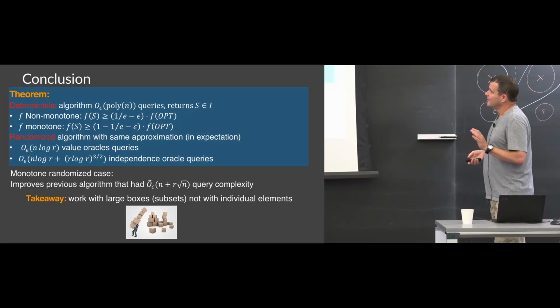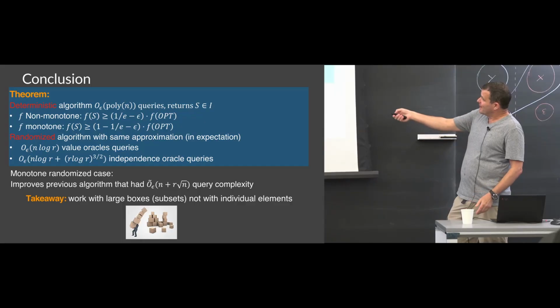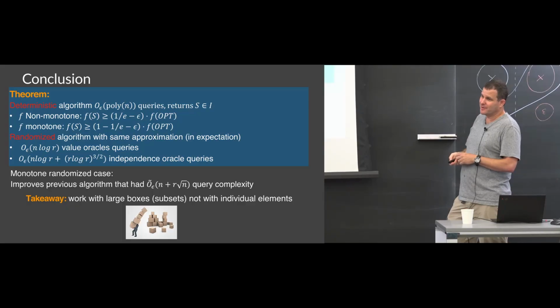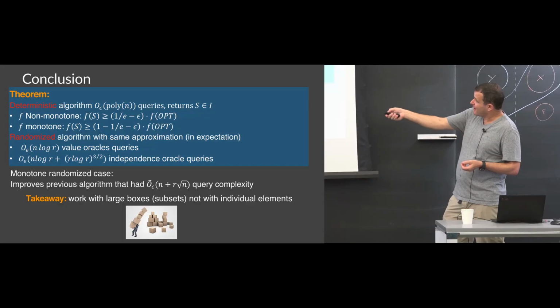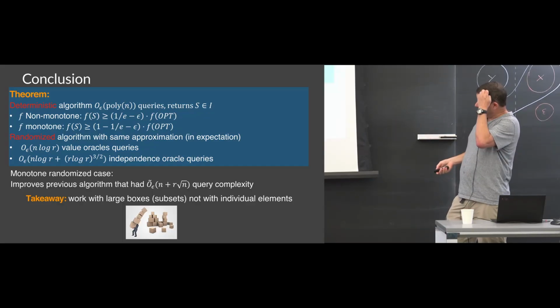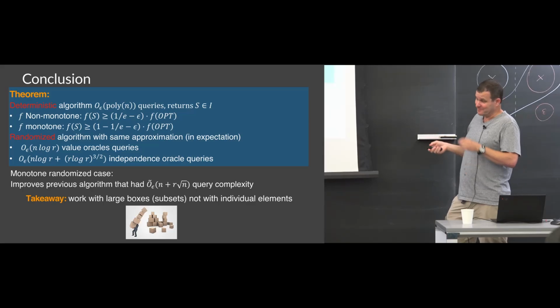Great. So let's have a conclusion. We had this algorithm which is deterministic that gives you almost the guarantee of a previous good algorithm for monotonicity. We can have even a randomized algorithm, which is even slightly faster than the previous local search algorithm.